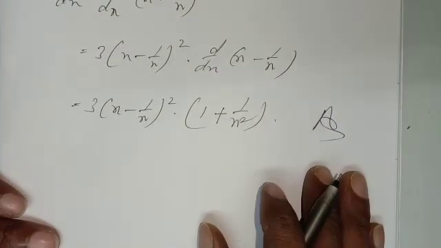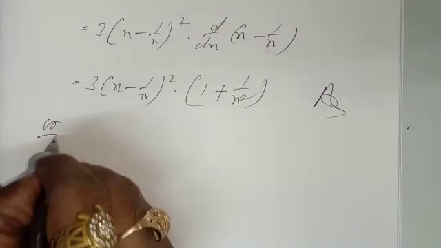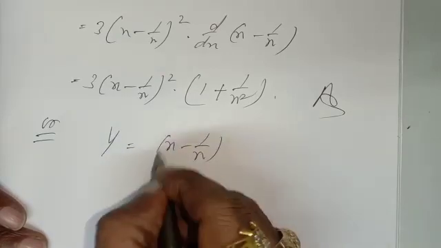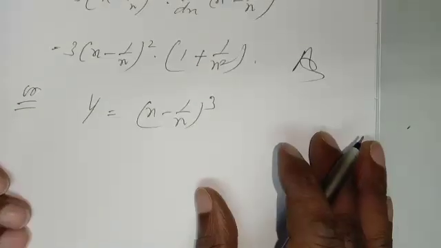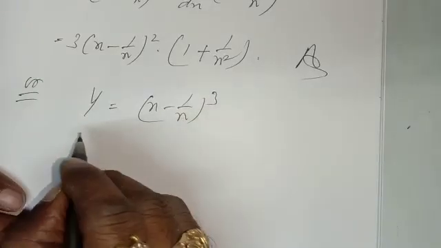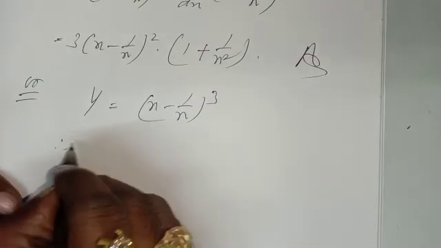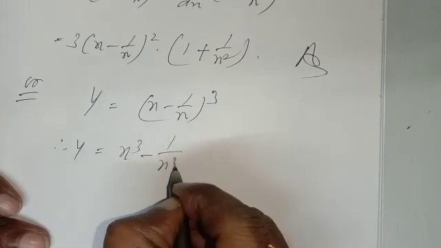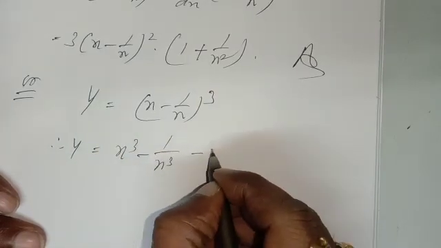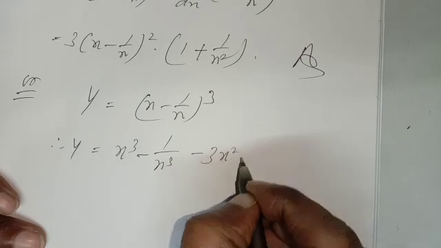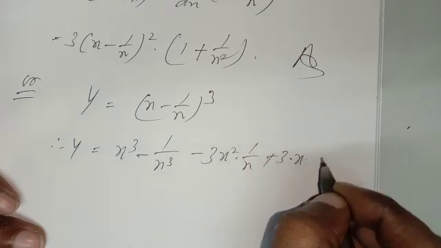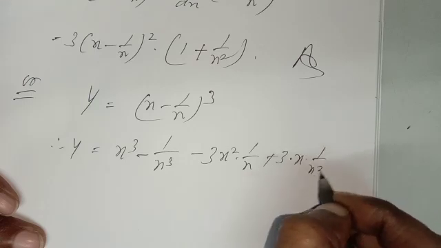In another method you can do, I am writing, just open the bracket by the expansion formula. Therefore y will be a cube minus b cube minus 3a square b plus 3a b square.